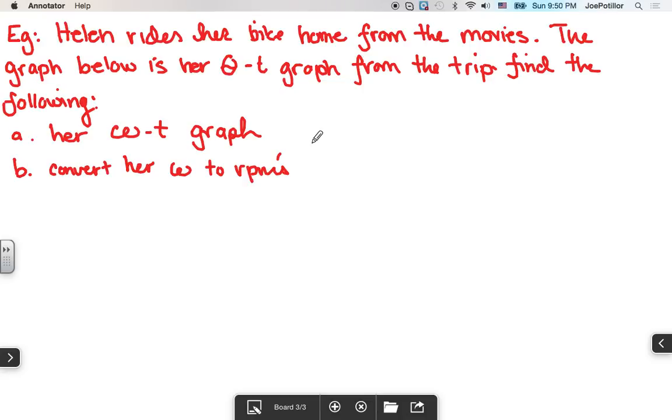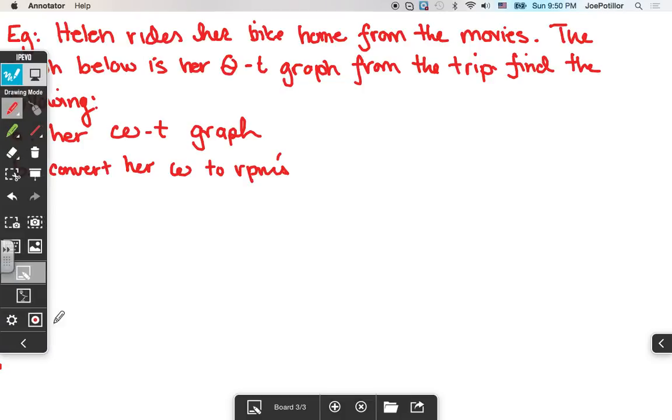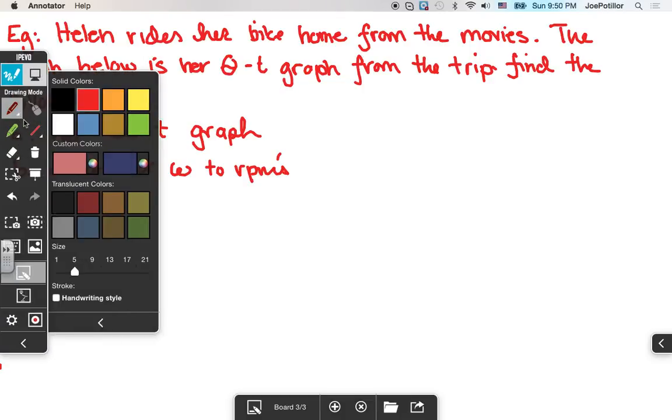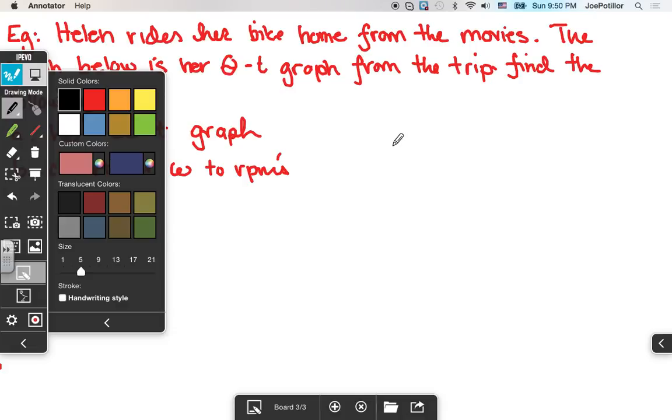Okay. So I'm going to draw her angular speed graph. And I'm going to draw her position graph, something like that. It is basically kind of to scale as much as I can make it.